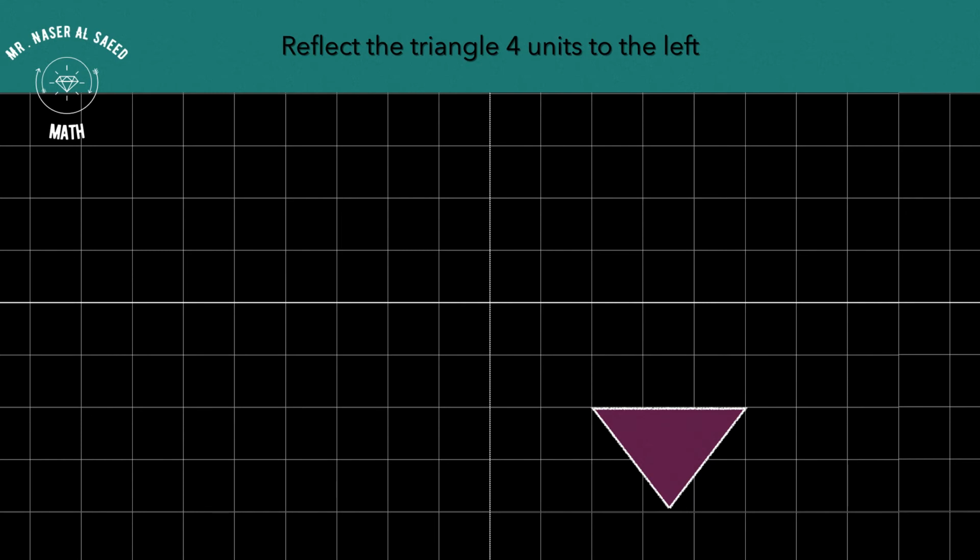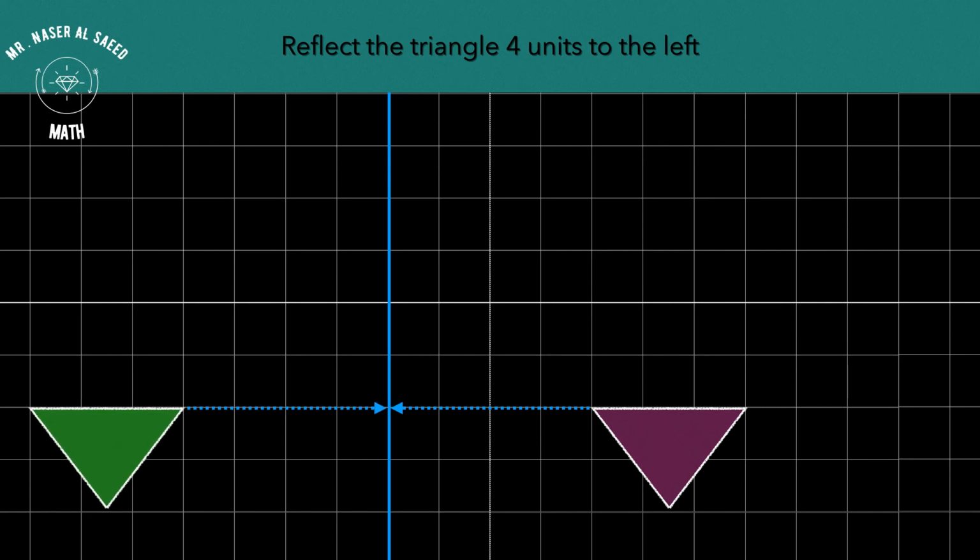That's our mirror, and that means we are going to do the exact same for the reflected shape. It's going to be the same amount of distance from that line of symmetry.